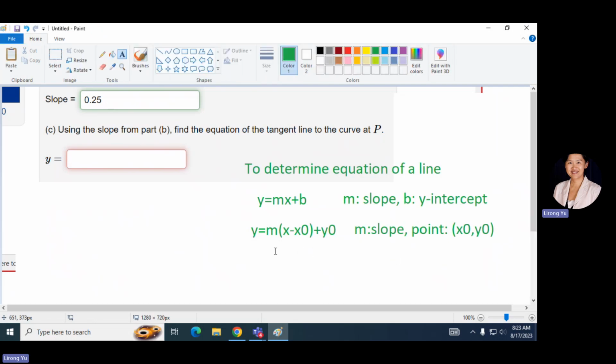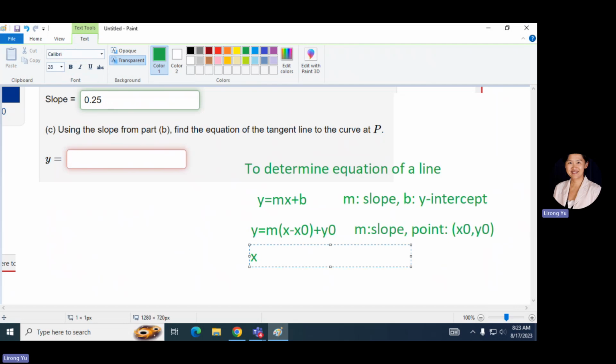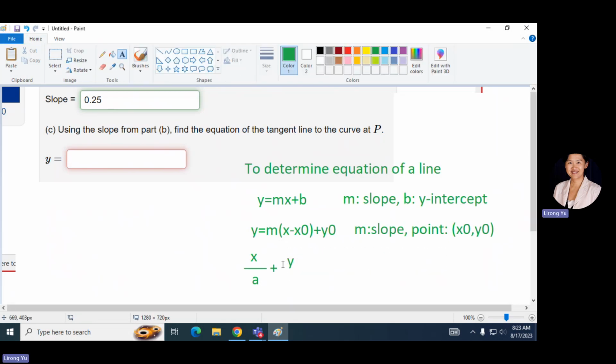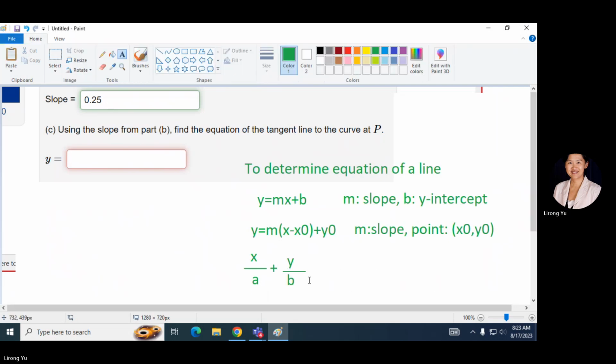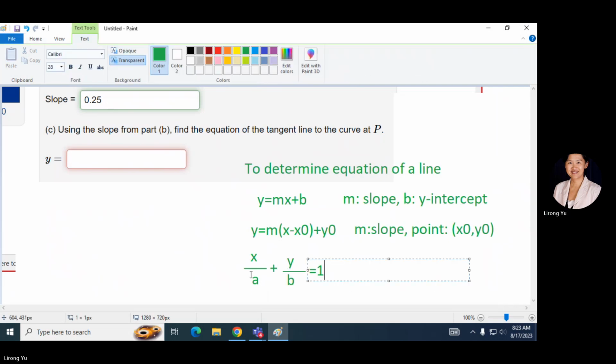You can write x over a plus y over b, assuming a is the x-intercept and b is the y-intercept.